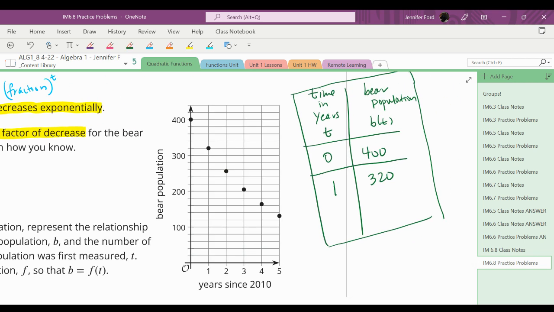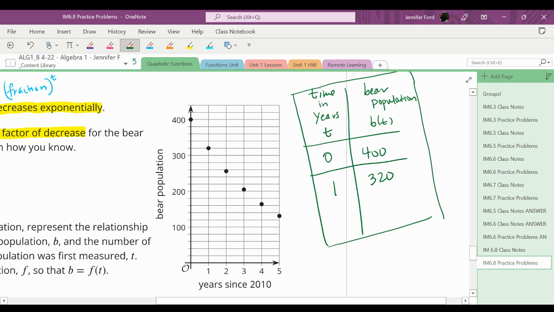I did a little bit here. All right, so I looked at this graph, and I made a little table. Time in years, which was T, bear population was B of T. At 0 years when we started, there were 400 bears.